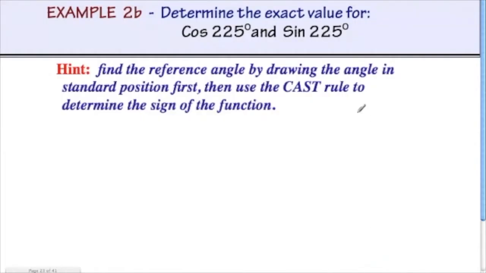Now, we're going to determine the exact. That word exact means you're using those special triangles. So that's the first thing your brain has to be thinking: exact means special triangles.